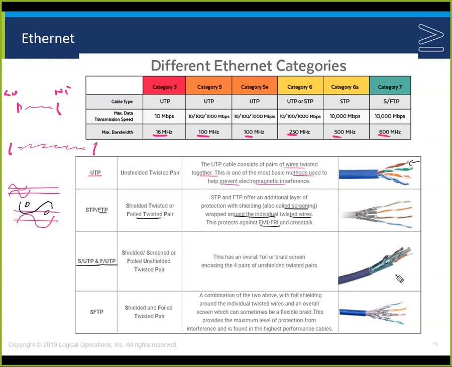How much do we have here? And on this one, we're going to have some shielding on the outside of the pairs themselves, and the foil unshielded twisted pair. The pairs themselves are not going to be individually wrapped like they were up here with the FTP, the foil twisted pair. The SFTP, shielded and foil twisted pair, we got the shielding around the pairs, and then each of the pairs are individually wrapped with shielding.